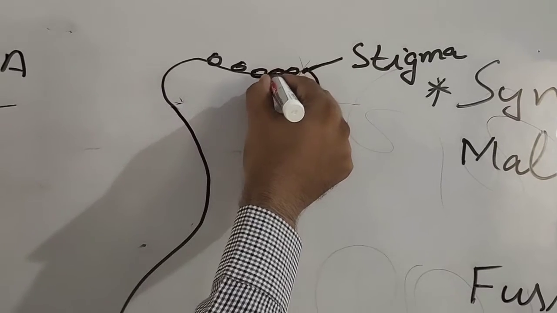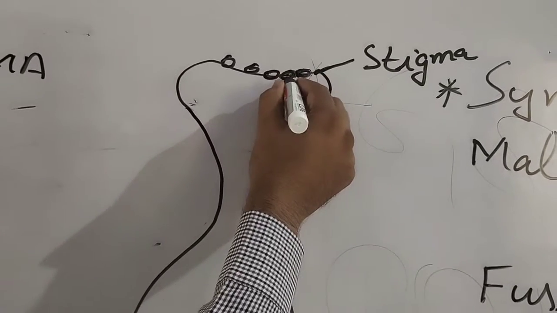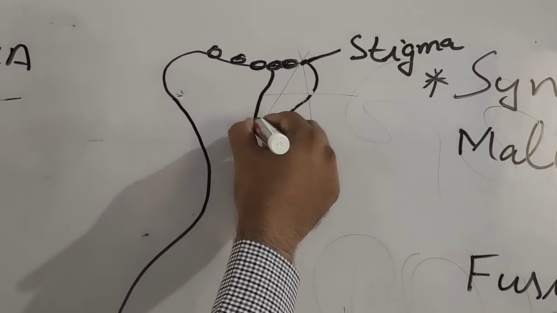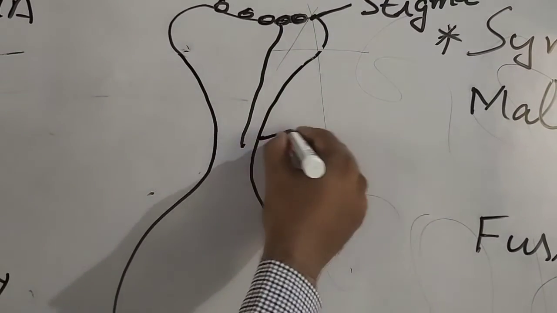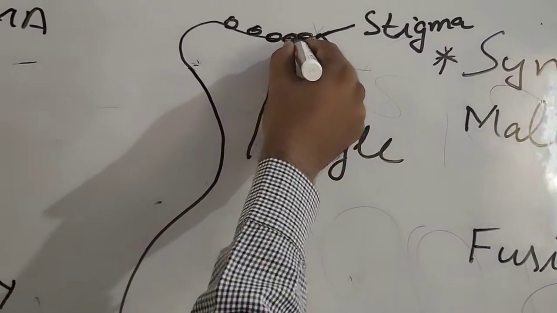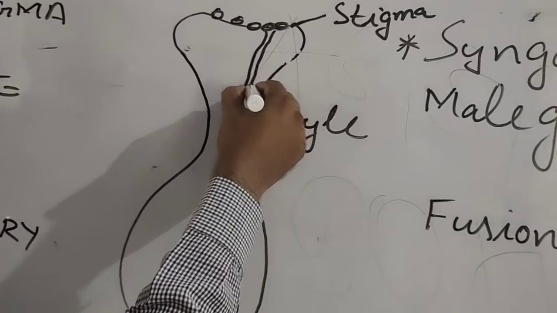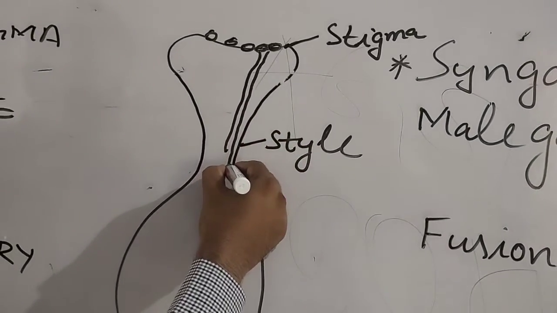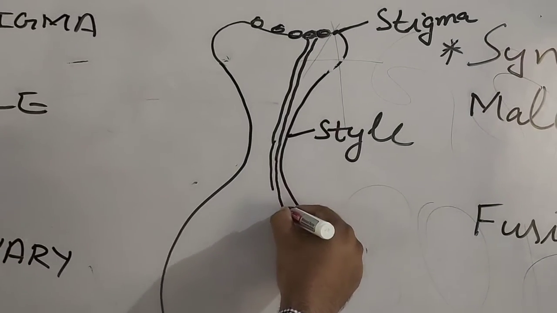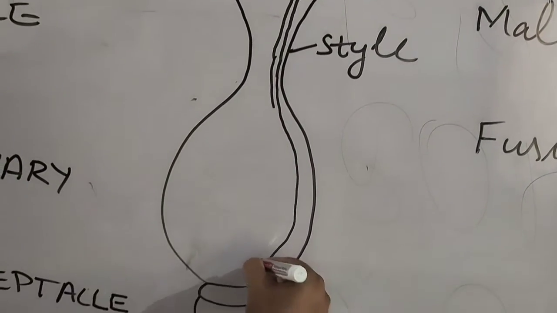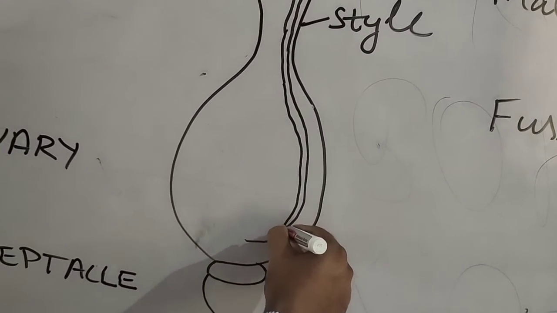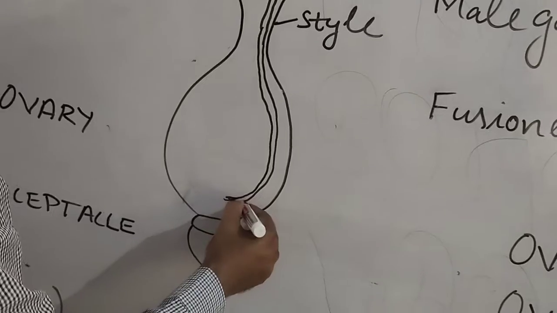Now they undergo mitosis division and are divided into two, and from here they apply pressure towards the style. It is known as the style, and they form a tube-like structure in it that is known as the pollen tube. That pollen tube moves towards the ovary due to one important process known as chemotropism.